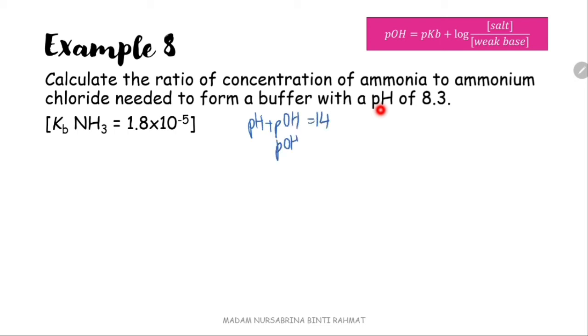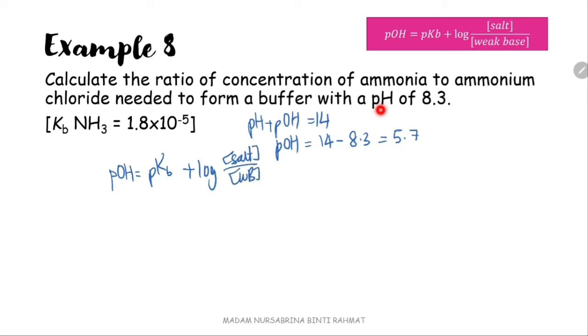Okay, so pOH is simply 14 minus the pH given, which is 8.3, and I will get 5.7. Then I can substitute into my Henderson-Hasselbalch equation, which is pOH equals pKb plus log salt over weak base. In our case here our salt is ammonium chloride, and ammonia is our weak base.